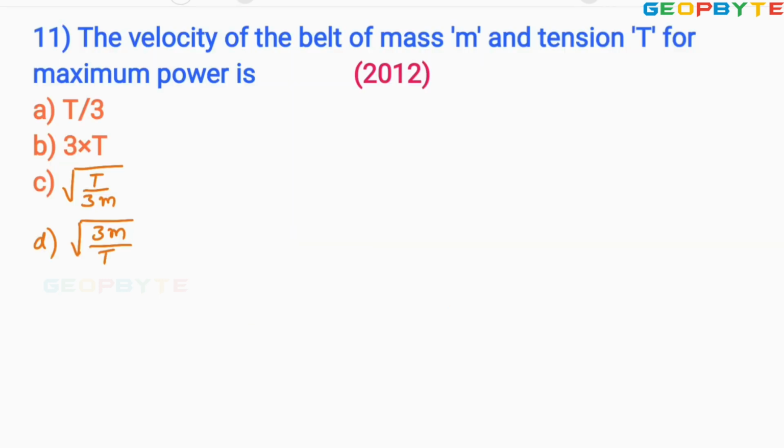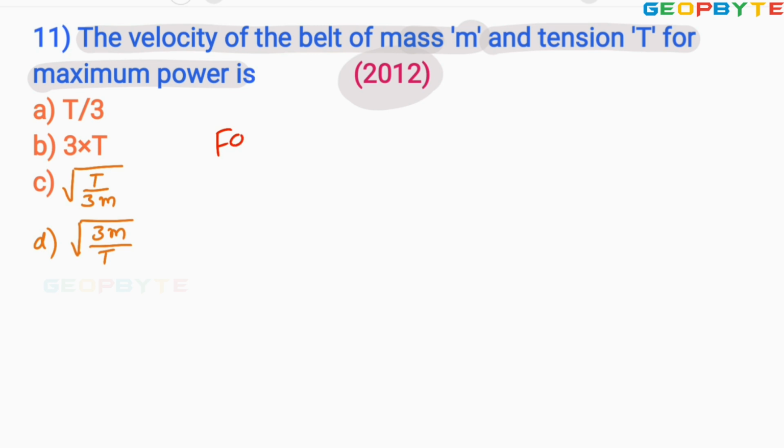Look at the 11th problem, was asked in 2012. It is given like this. The velocity of the belt of mass m and tension T for maximum power transmission.